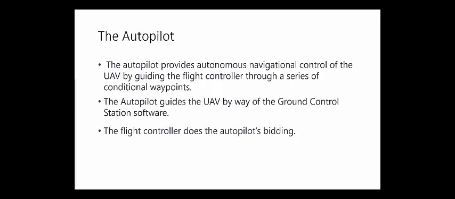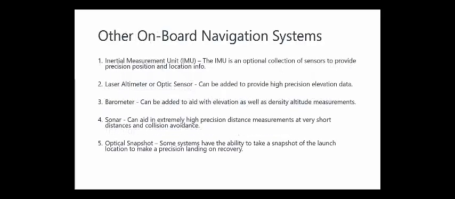The autopilot provides autonomous navigational control of the UAV by guiding the flight controller through a series of conditional waypoints. The autopilot guides the UAV by way of ground control station software. And finally, I just want to talk about a few other objects that UAVs use for conducting some navigation.